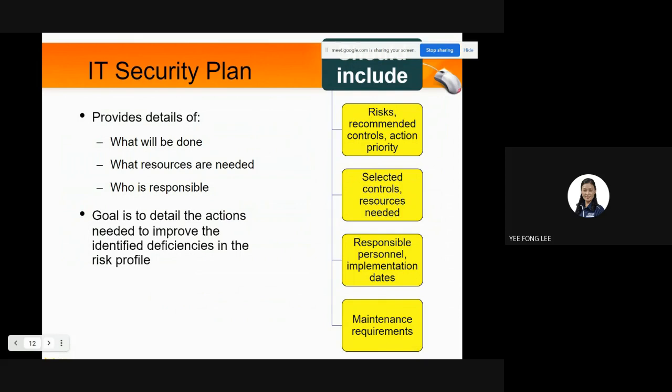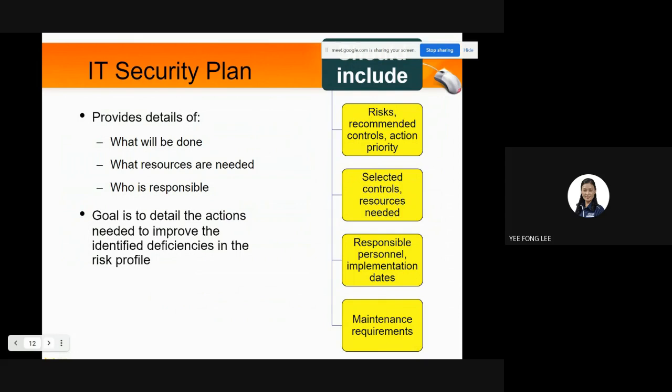Also included are the recommended controls from the risk assessment that we learned last week. Also include the action priority for each risk, the selected controls, and the resources required for implementing the selected controls.